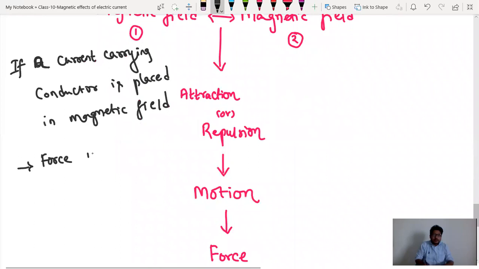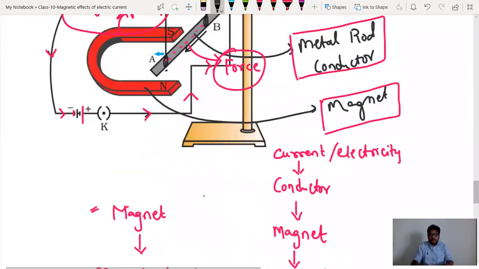Force is produced or force is generated, right? Force is observed. Force means either attraction or repulsion. That is the concept you need to understand.